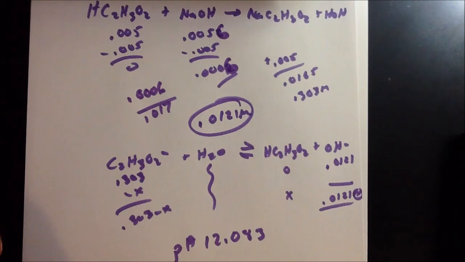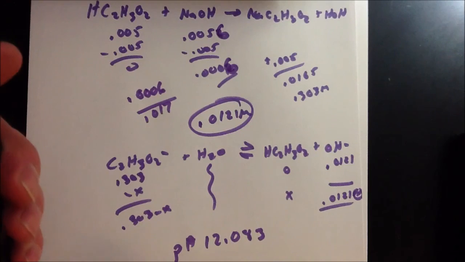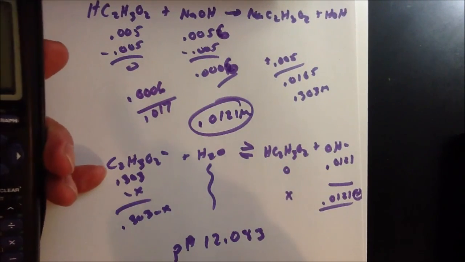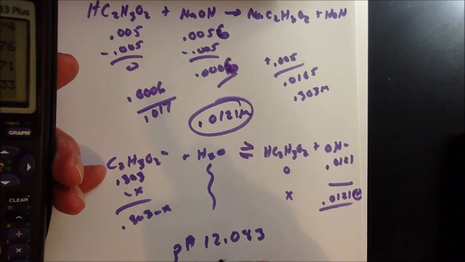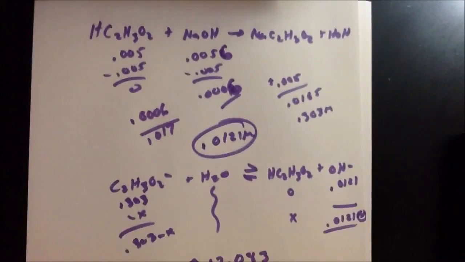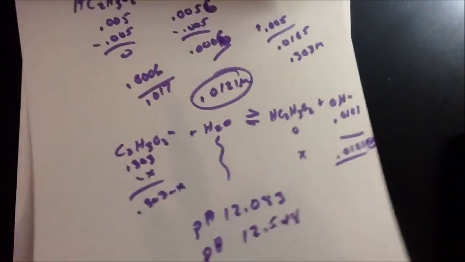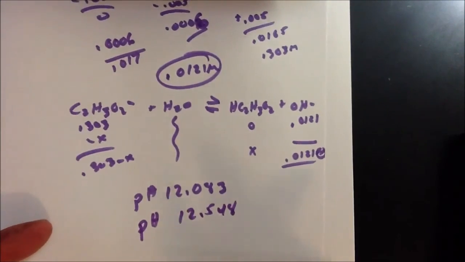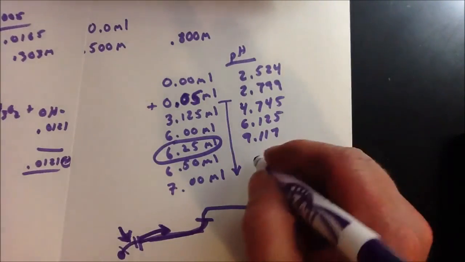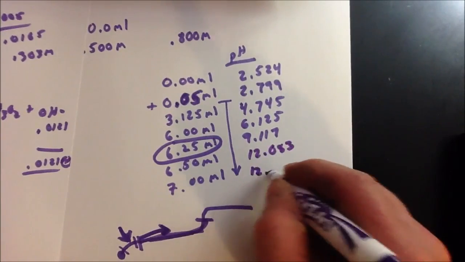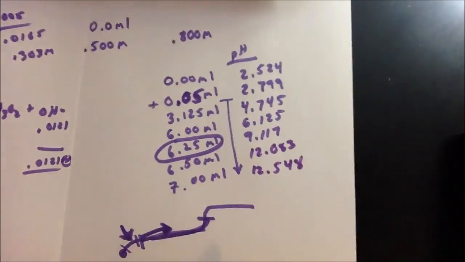Negative log of that value, 1.452 is my pOH. 14 minus that value gives me a pH at 7 milliliters of 12.548. So notice we're kind of at that 12 range, and it's going to be fairly level, not completely level, but fairly level, as long as we continue to add that excess strong base. 12.083, 12.548.